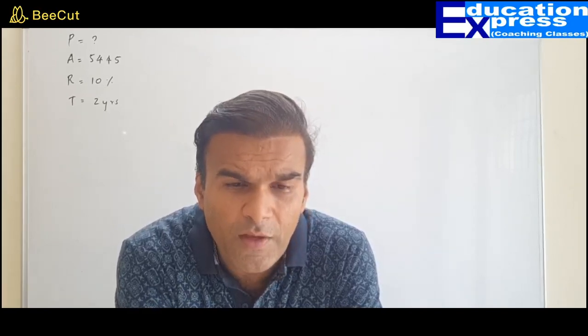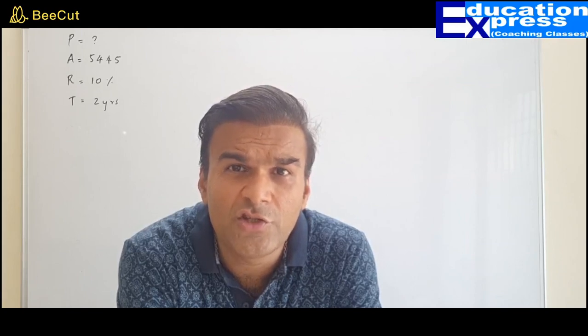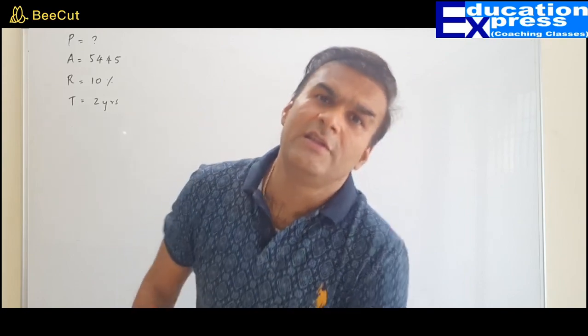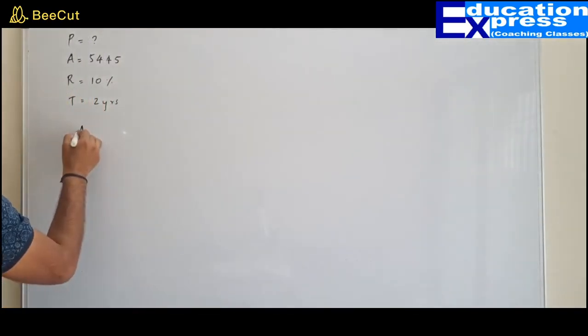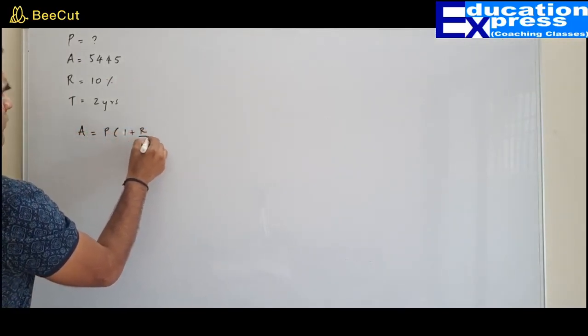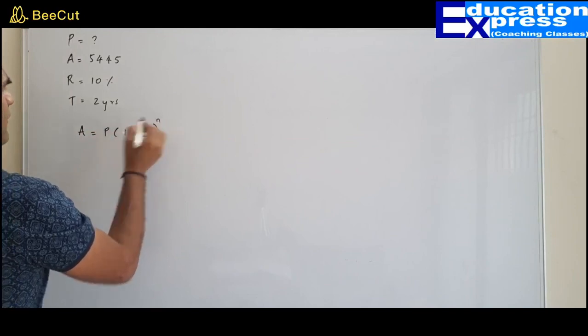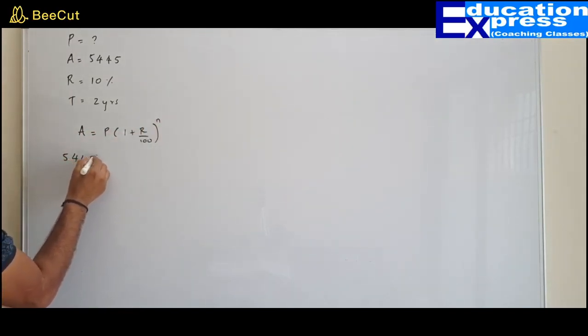Now, if you are using the traditional method, we always presume the principal to be 1000. There is no such need to do so over here, because all the relevant information as per my formula is available with me. Amount equals principal into 1 plus r upon 100 raised to n. For the amount, 5445.